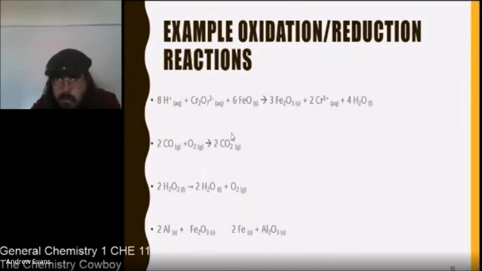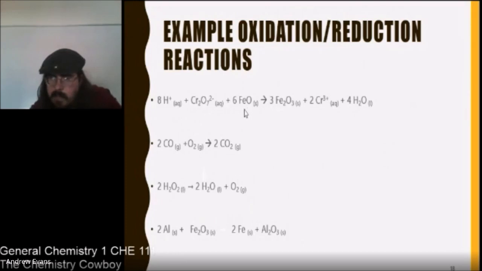Okay, so here are some simple examples of oxidation reduction reactions. Well, I say simple, but I'm lying. Some of these are simple, some of these are not so simple. 8 protons plus dichromate and iron(II) oxide goes to iron(III) oxide, 2 chromium 3+, and 4 waters.